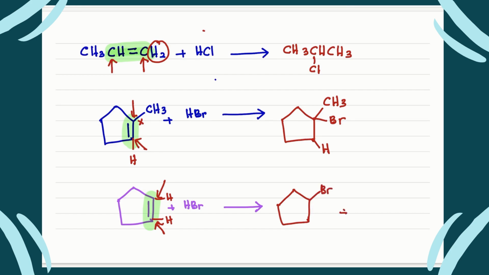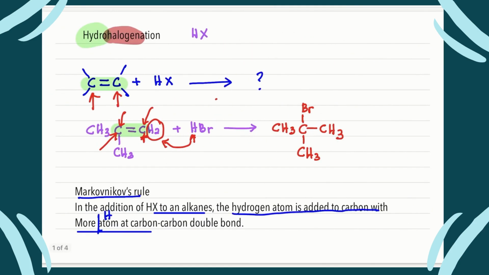Because when we give the IUPAC name, the IUPAC name would be the same for both. Okay, so this is the direction that follows the Markovnikov rule. So remember, when you have HBr or HCl or HF or HI, you must follow the Markovnikov rule.